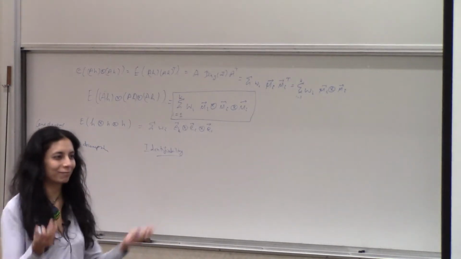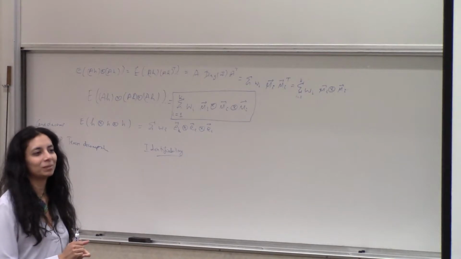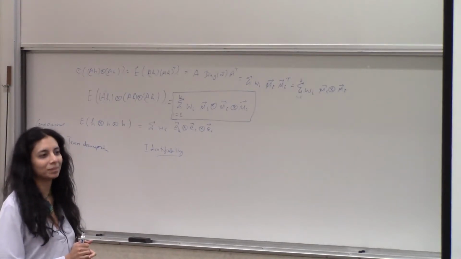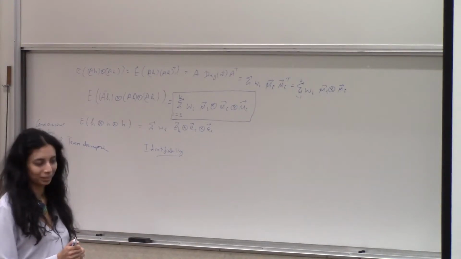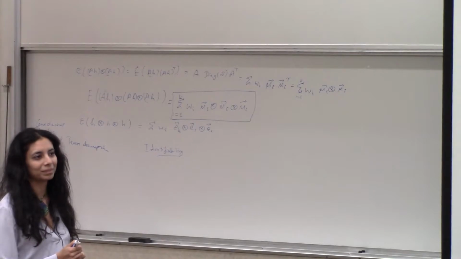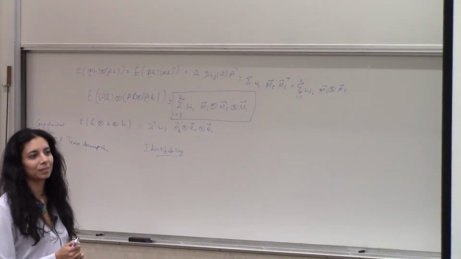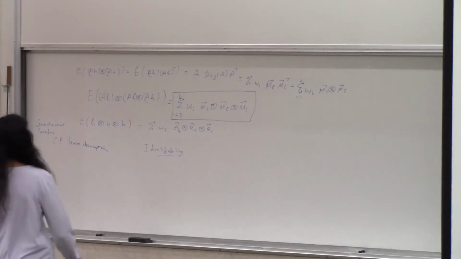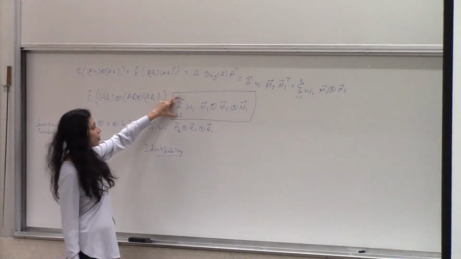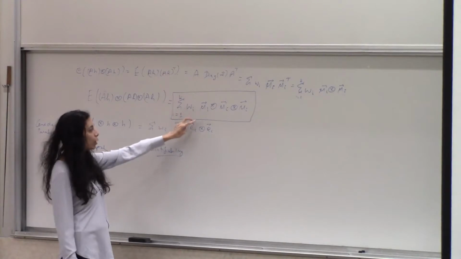And why do you think? Because we have more equations to satisfy. Exactly. The number of equations to satisfy grows faster than the number of parameters that we're playing with. Here we are saying it's now an expansion of these k rank 1 components.